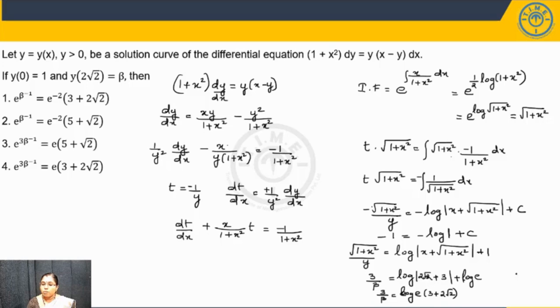Taking e to the power on both sides, we get e raised to 3β⁻¹ = e(3 + 2√2). So the required answer is option 4.